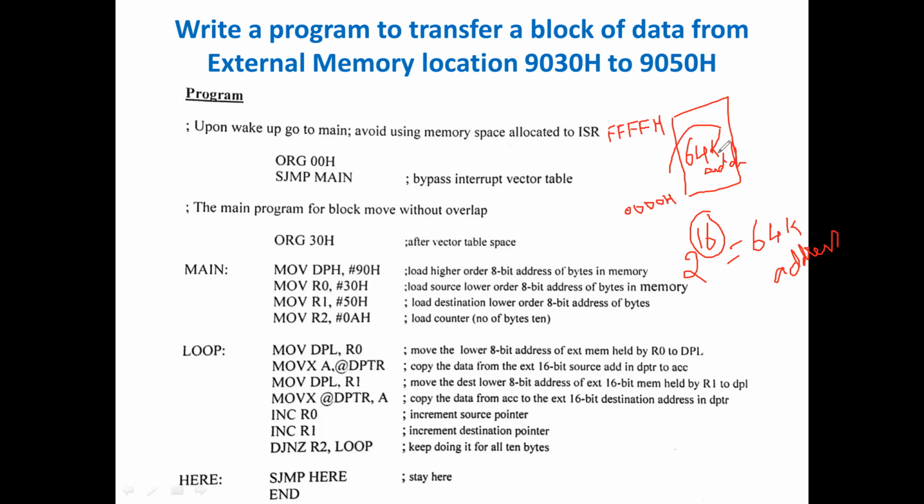So 64K ranges in hexadecimal form from 0000 to FFFFH. There will be an interview question: what is the maximum capacity of the memory size you can interface with 8051? So this is your answer.